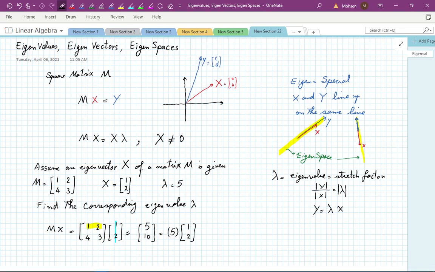The flip side of this is just the opposite. That is, I'm going to give the eigenvalue and ask you to find the eigenvector. So how does this go?